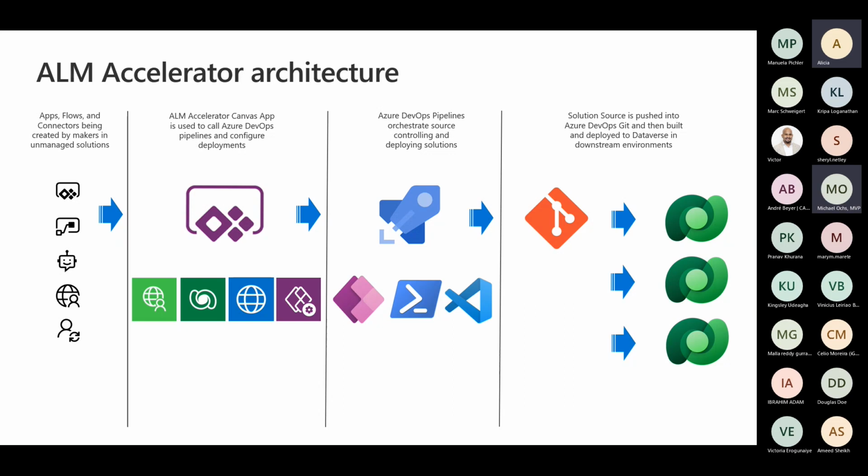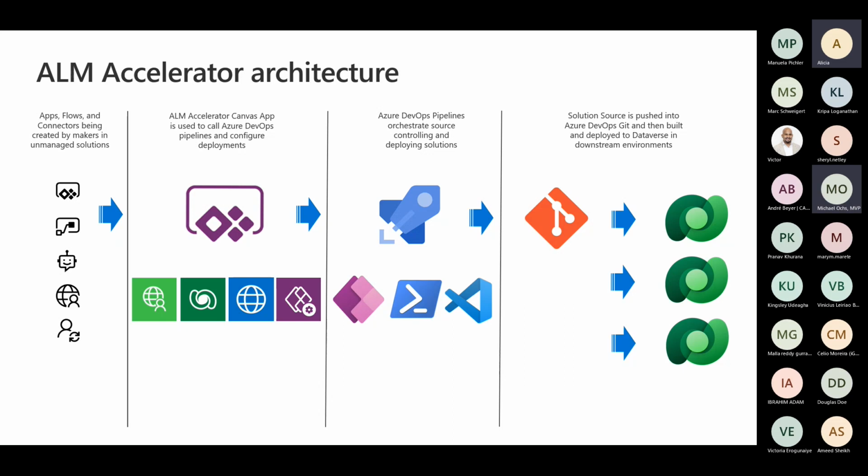You can roll back apps, but flows don't have that sort of version history. But if you put all of your components into a solution, you can export those things, unpack them into a human readable fashion, and put them into a source control system where people can actually see the history of what's changed over time. So the app helps you to do that.